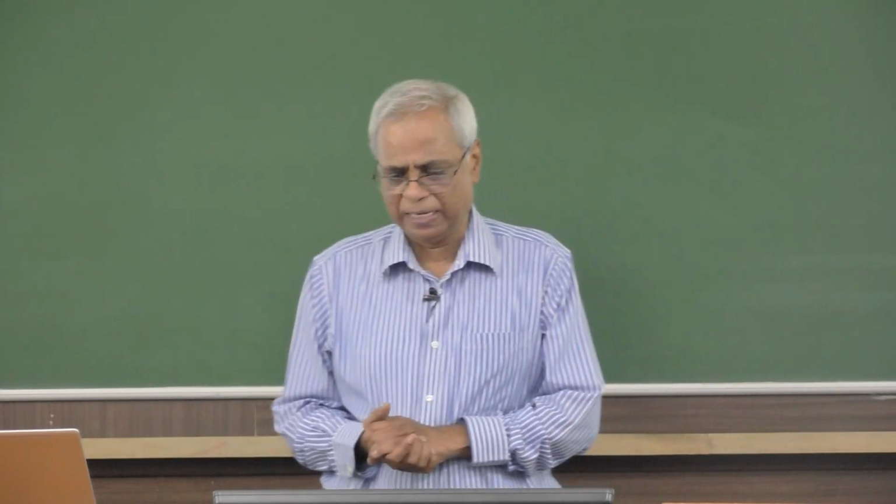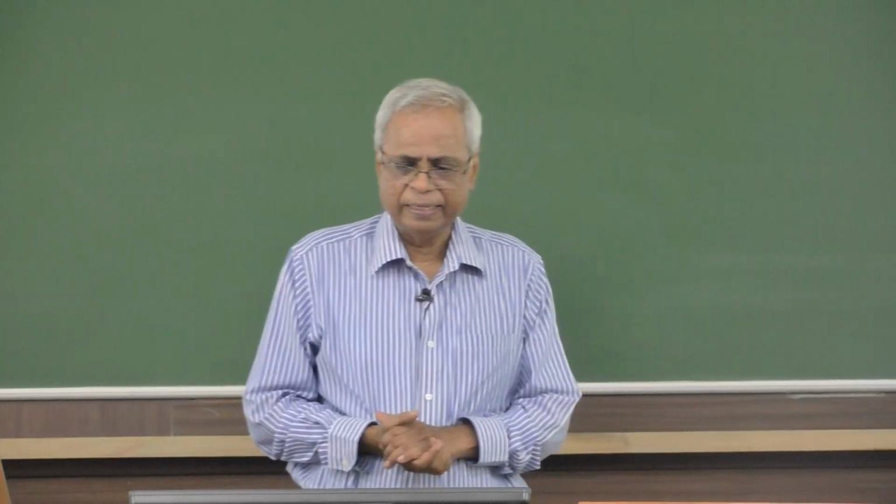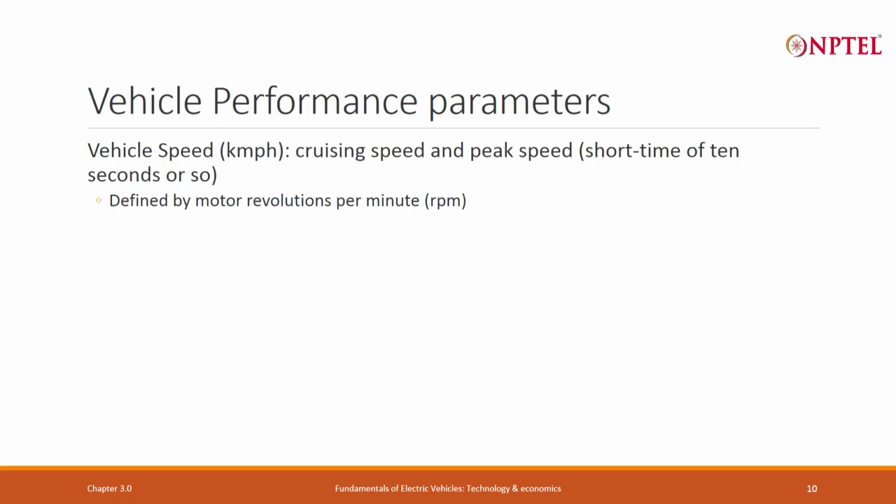This vehicle speed, I had done this: it is a cruising speed and peak speed. Peak speed again is for a short period of time, 10-20 seconds. Cruising speed can be there all the time. This will be defined by motor revolutions per minute, RPM is used.